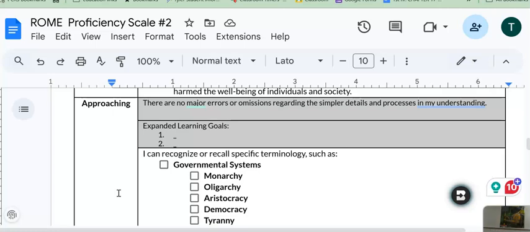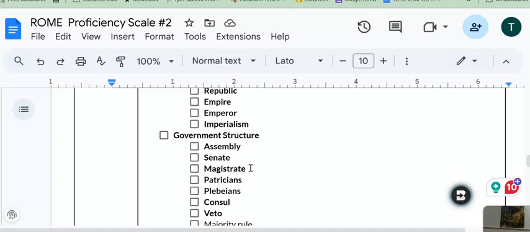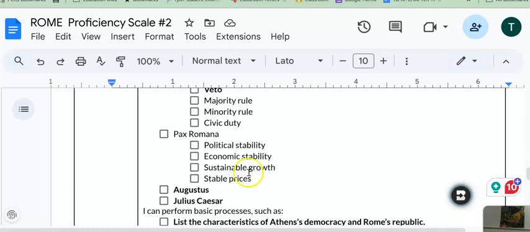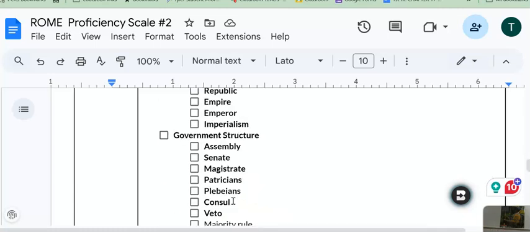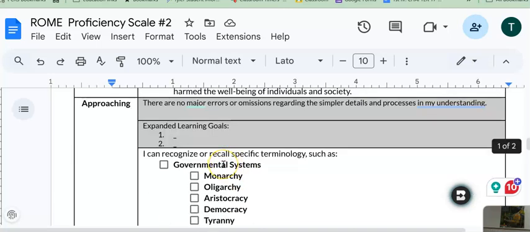There is one chunk called government structure. And then there is one called Pax Romana. You are going to be responsible for knowing all of these words, but instead of just giving you a list of like 30 words at once, we're breaking them up and organizing them in groups that go together to make it more manageable.